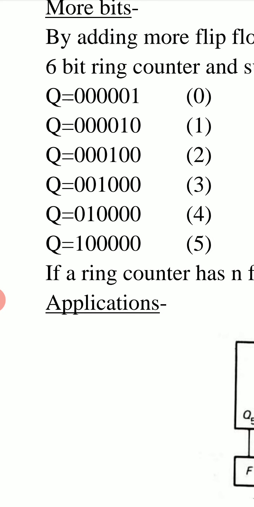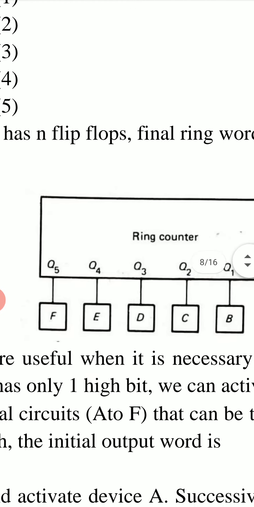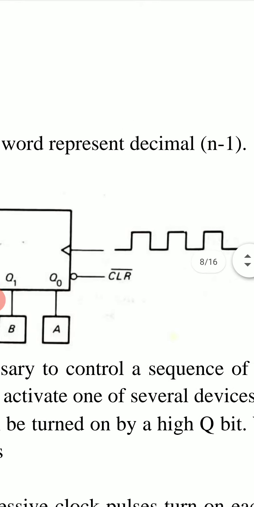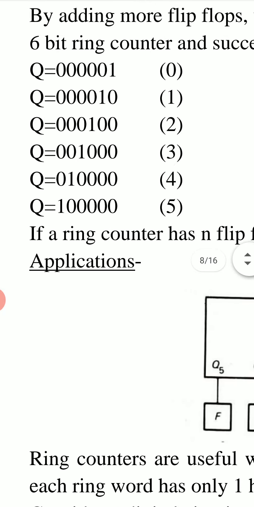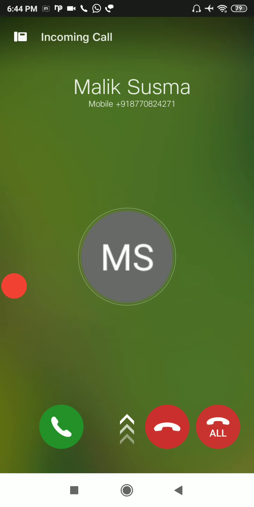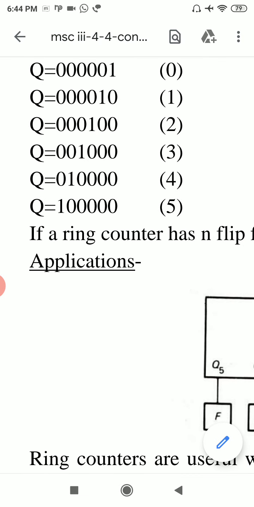This is equivalent to 2, and so on. If a ring counter has n flip-flops, the final ring word represents decimal n minus 1. Here, when we have 6 D flip-flops, the final word is 5.